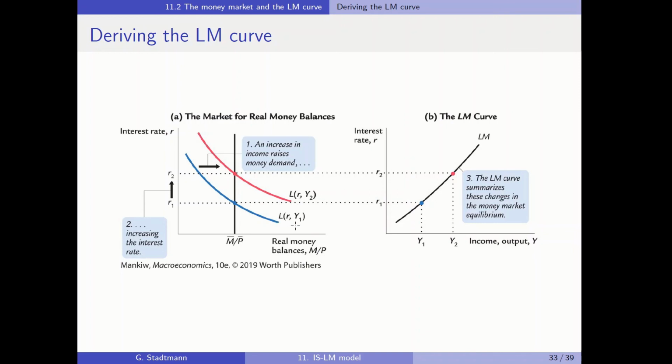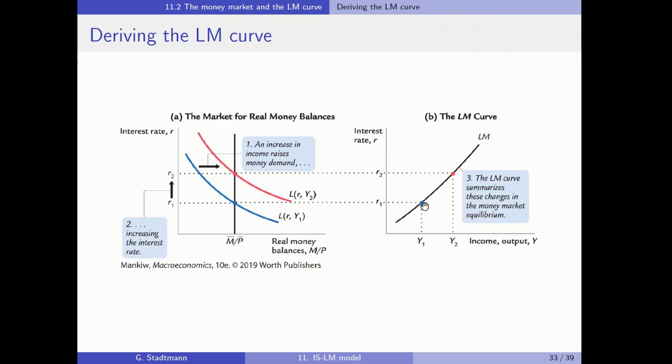In the blue situation, the GDP level is on the level Y1 and the interest rate is on the level R1. So we have one combination of the interest rate and the income level where the money market is in equilibrium. So we can insert one point here in this interest rate income diagram, this blue point, which symbolizes one combination of the interest rate and the income level where the money market is in an equilibrium. So we have found already one point on the LM curve.